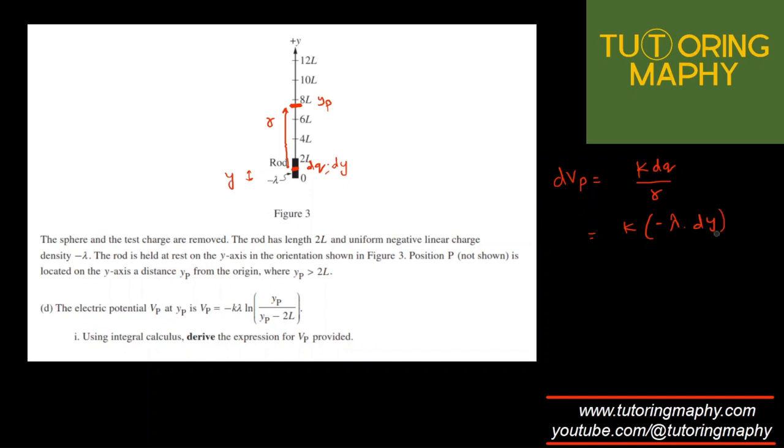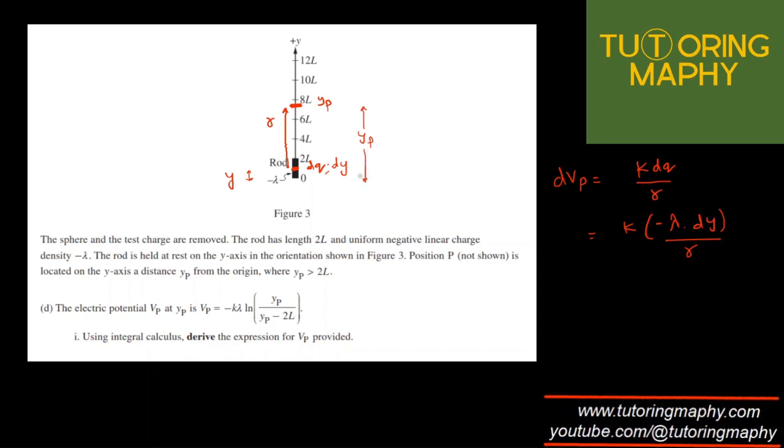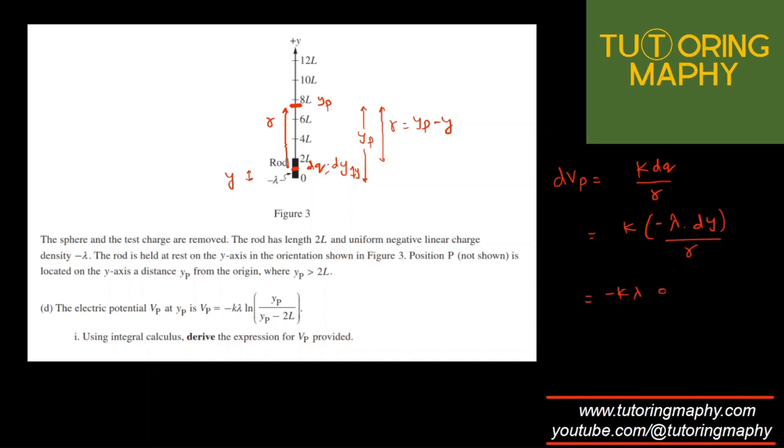Okay, so we have this over r, but now we need to rewrite r in terms of y. So we know that this entire thing is yp, which is to be treated as a constant, and this teeny tiny thing is y. So this remaining thing r is going to be the difference between yp and y. So this comes out as negative k lambda dy over, with r replaced by yp minus y.